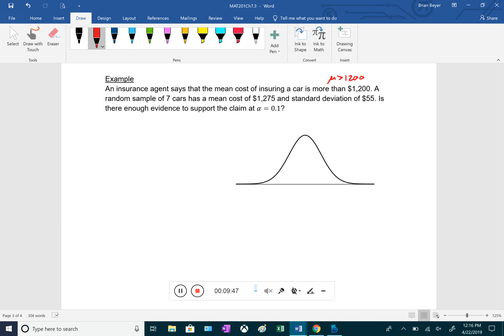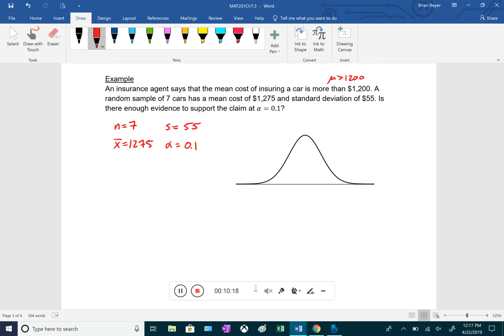A random sample of 7, so n is 7, cars has a mean cost of insuring of 1,275, that is our x bar, our sample mean, with a sample standard deviation of 55.